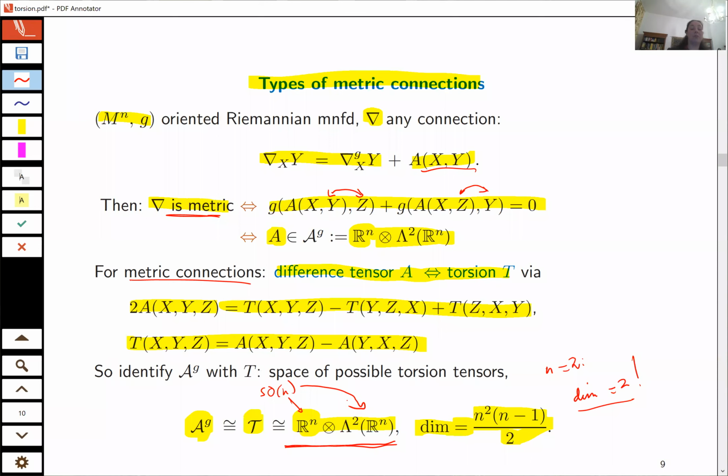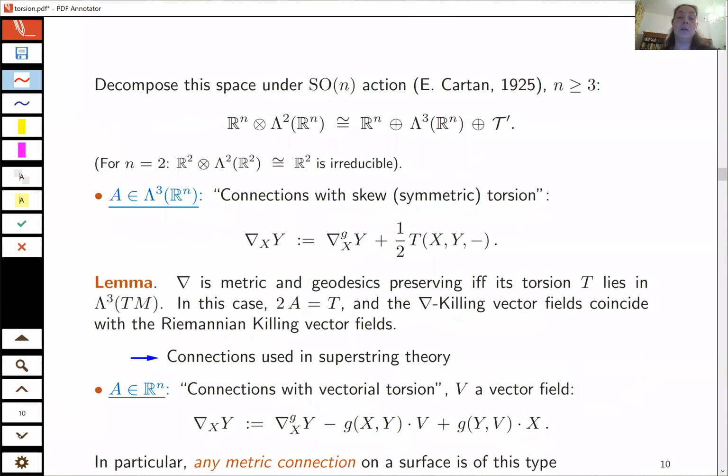So I have the group SON acting on my space of tensors, and he just decomposes this as a representation. So decompose the space under the action of SON. And then you get the following result.